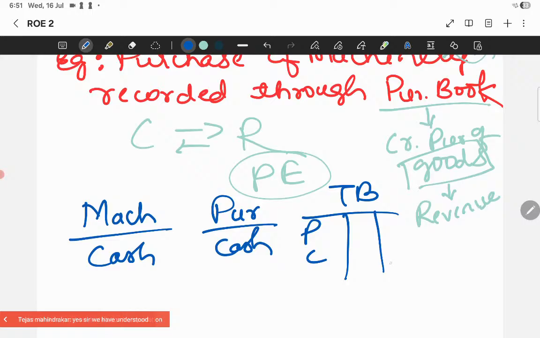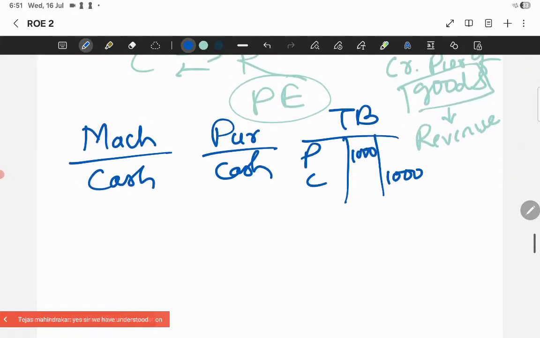For example, if it is for 1,000, then cash would be 1,000 and purchase also shown as 1,000. The trial balance agrees. The only problem is with the name. Instead of machinery, they have taken purchase. Because of that, it will not affect the agreement of trial balance. The trial balance agrees because both the sides are totaled at 1,000.